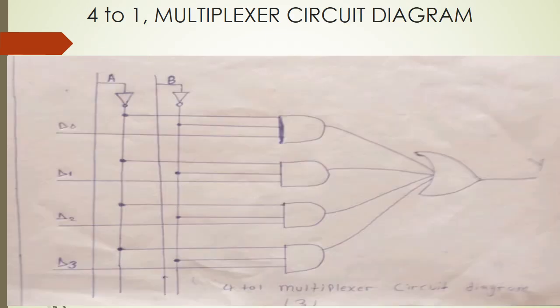So this is the 4-to-1 multiplexer circuit diagram. Let's see how to create this diagram. Since our select lines are known as A and B, we draw them and put a NOT gate on them. Then we include AND gates to help us analyze the circuit. From our first terminal, A, we draw a line to the AND gate. Then the second terminal, which represents B, we draw a second line to the terminal of the B input.